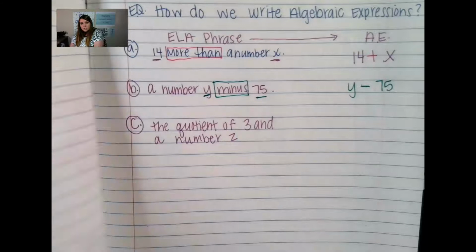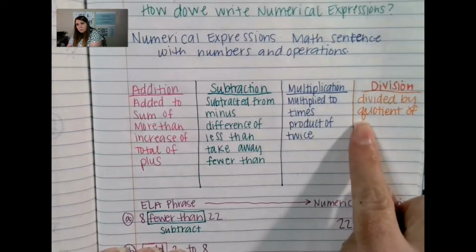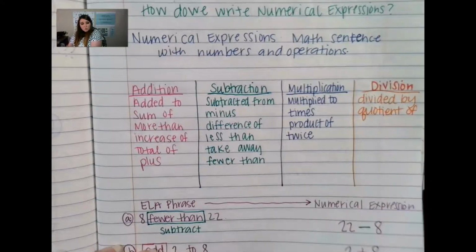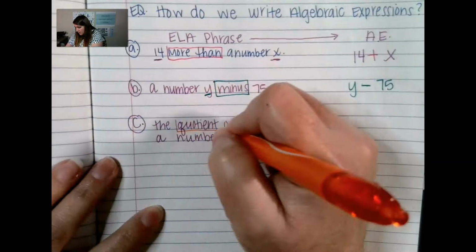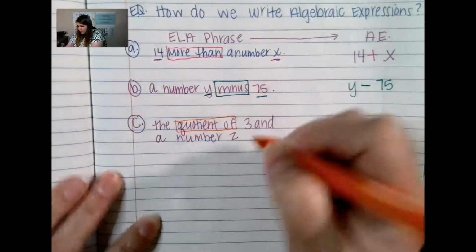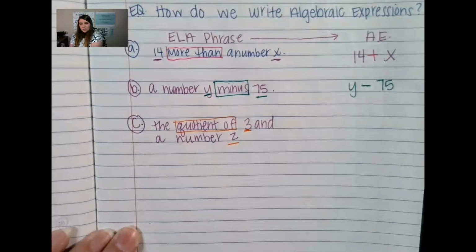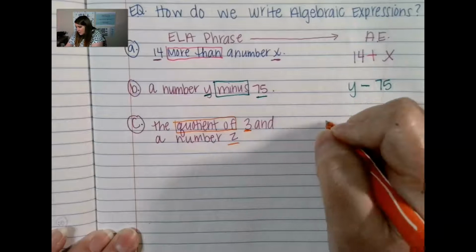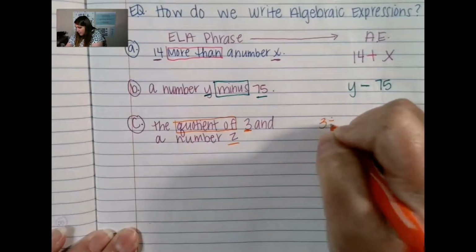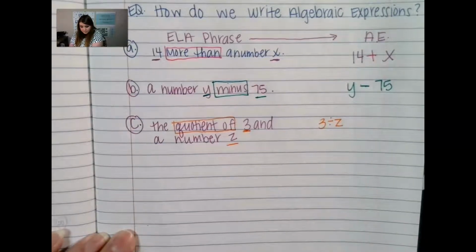All right, quotient is one of those words that we absolutely need to know. It's an important word. It is a division word. So quotient was our clue, quotient of 3 and z. So we are going to write 3 divided by z.